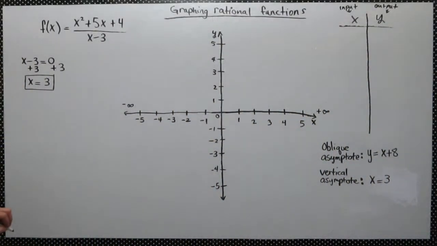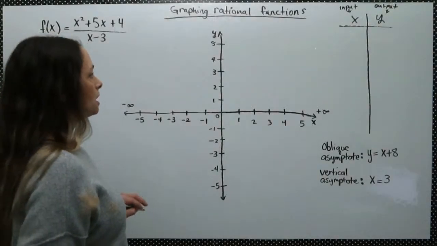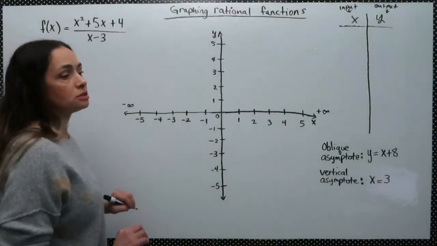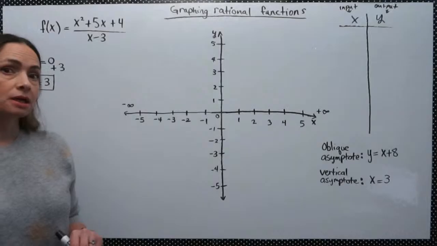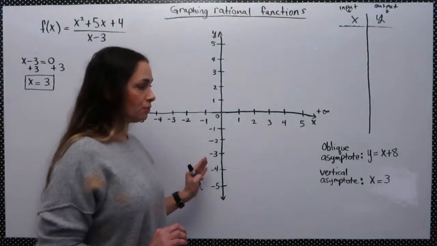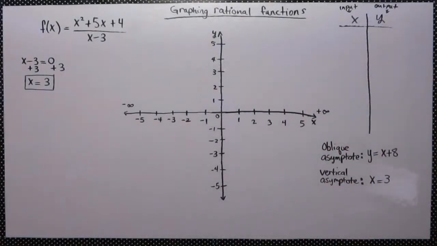Now, let's see what we've got to do. We have to find these things called x and y intercepts. And what an x and y intercept is, it's just what it sounds like. It's a point on the graph where it's crossing the x-axis and y-axis.